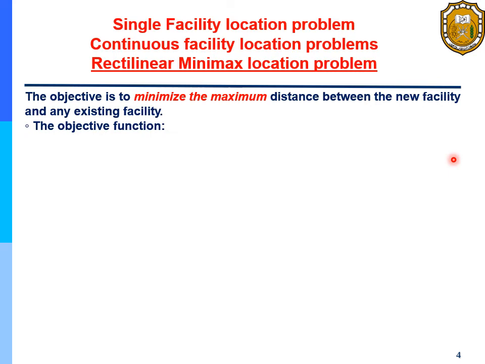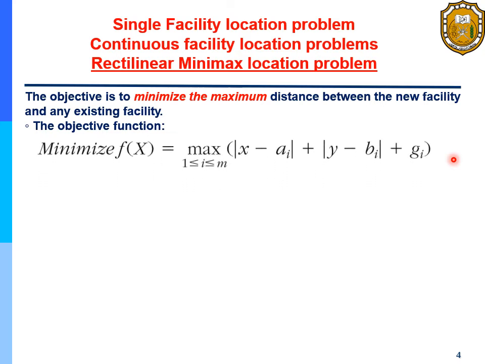For example, if you want to locate a fire station or an ambulance or an emergency medical service, you want to reach your customers within a certain amount of time, for example, in less than 15 minutes. In this case, you don't want to minimize the sum of the distances, but you want to minimize the maximum distance. So we can represent this objective function like this.